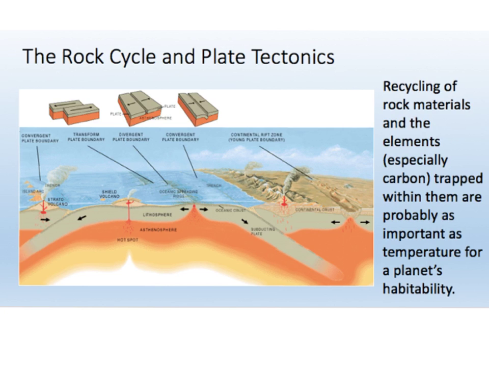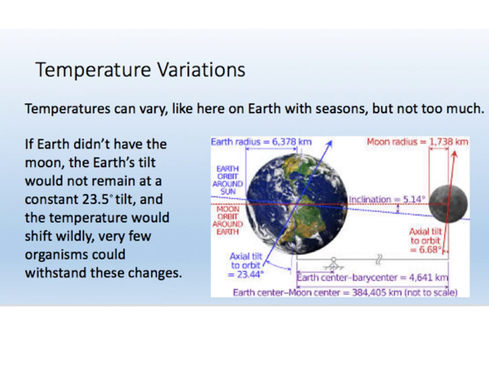But in addition to these physical characteristics, the rock cycle and plate tectonics is probably also necessary. Recycling of rock materials, especially carbon on this planet that's trapped within them, is probably important for a planet's habitability in addition to its temperature. Wild temperature variations would be problematic.